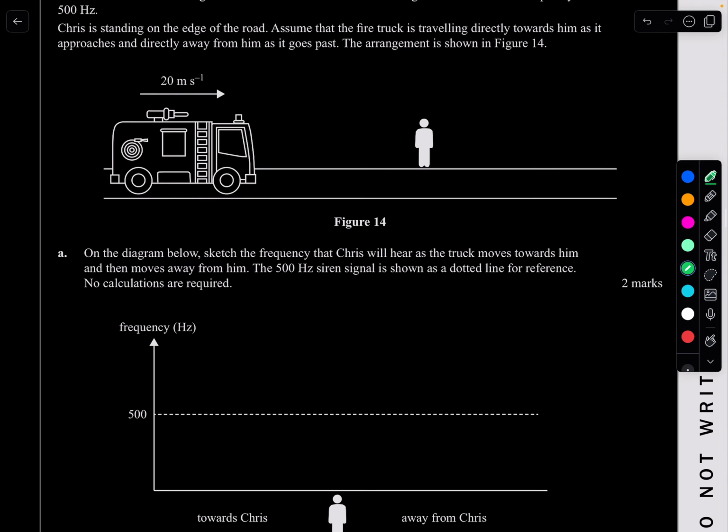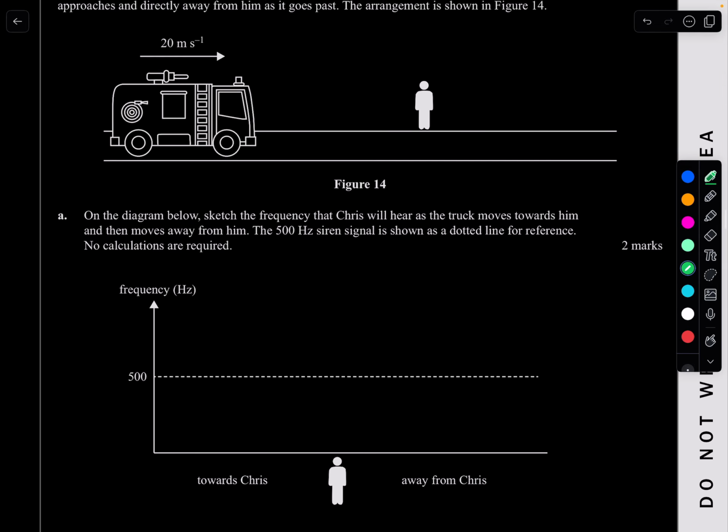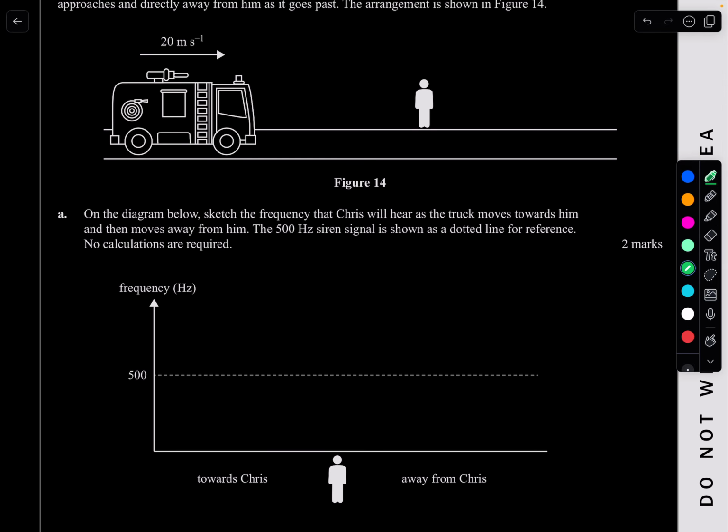So we need to draw how it's going to happen. The formula that I was using is the Doppler's effect formula, where the frequency of an observer is equal to your frequency times the speed of sound, which in this case let's say is 340, plus the speed of your detector, which is 0.